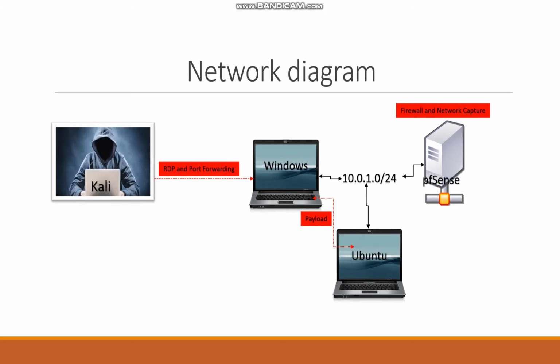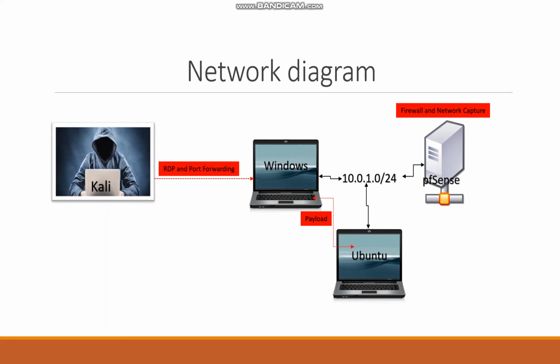So, here is the overview of our project. Here is the attacker, where we are using the Kali machine from which we will send an RDP connection to Windows, and from Windows we do port forwarding to Ubuntu in order to get access to the machine. The attacker should be on the same network as the Windows and Ubuntu machines. As we can see in the diagram, both Windows and Ubuntu are on the network 10.0.1.0.